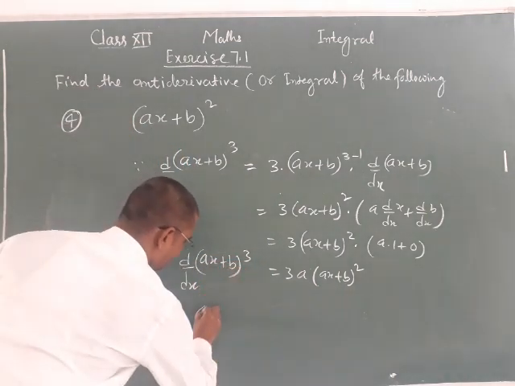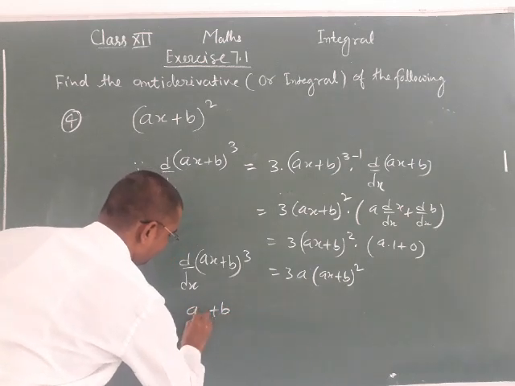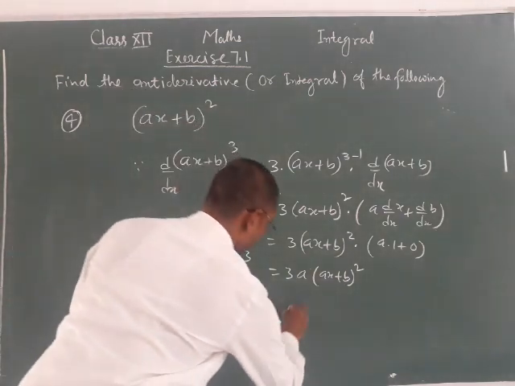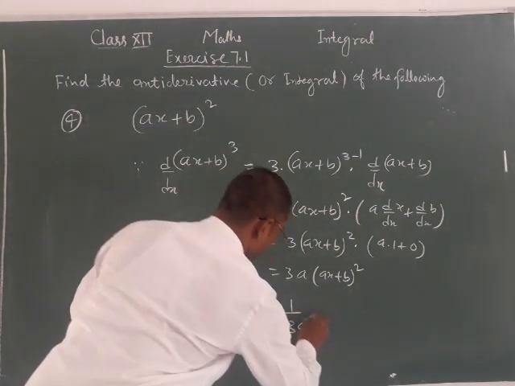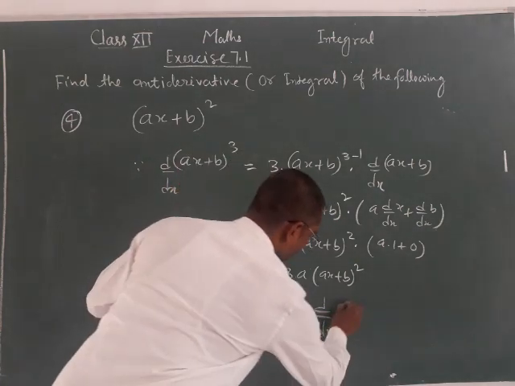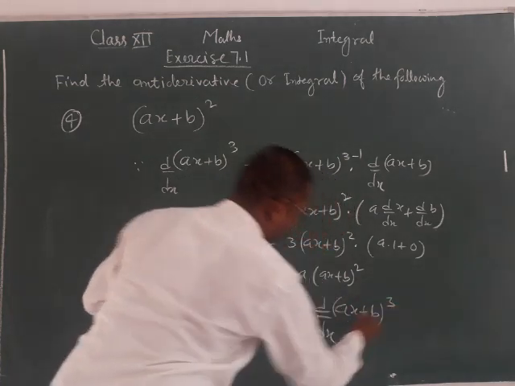So (ax plus b) to the power 2 is equal to 1 upon 3a and d upon dx (ax plus b) to the power 3.